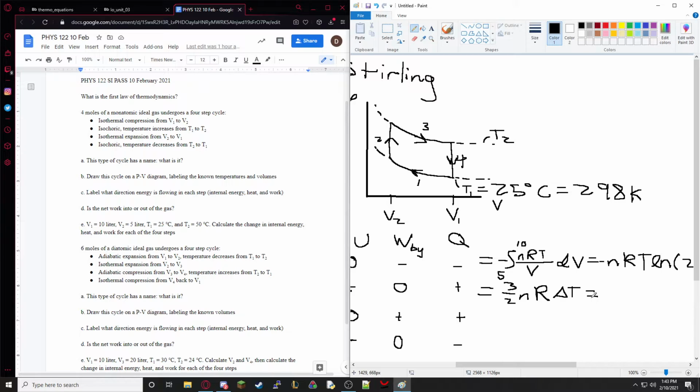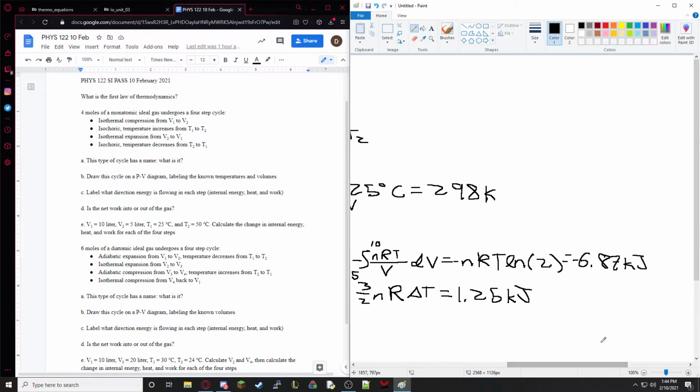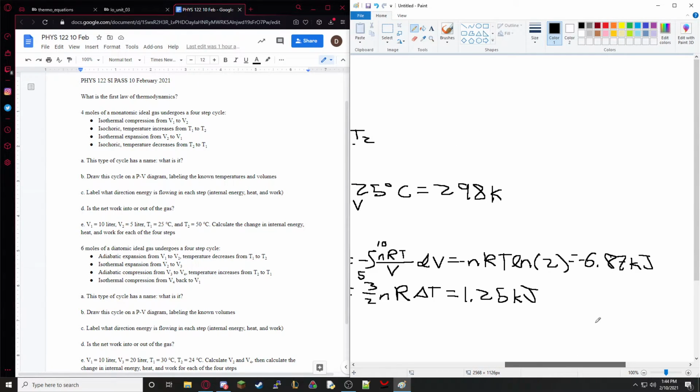Yep, exactly. So delta T is 25. So we get a total change in internal energy of, let's say, 1.25 kilojoules. 1246.5 is the number I calculated. And then our heat flow has to be the same thing, right? Because our work is 0.